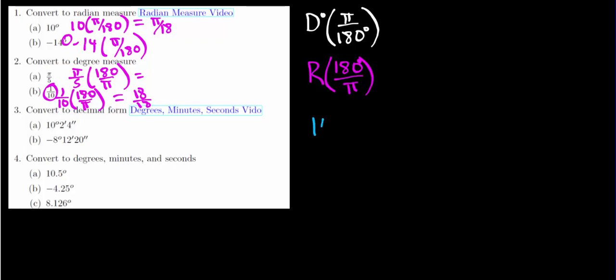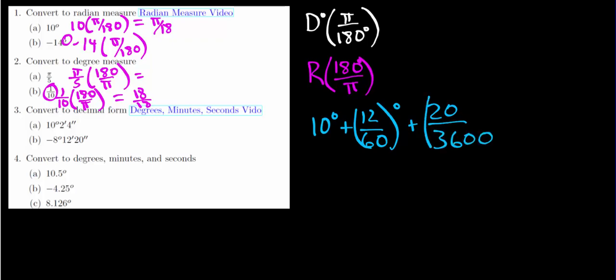That means 10 degrees, and then a fraction of another degree, that's 12/60ths of a degree, and then a fraction more, 20/3600ths of a degree. In other words, it's base 60. So it's the minutes over 60 to the first power plus the seconds over 60 to the second power. And that's the way you do both of these.